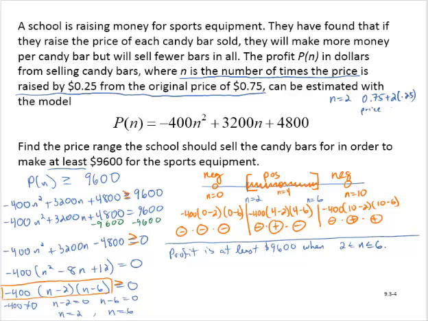That's 75 cents and 50 cents. That would be $1.25. If n equals 6, then we'd have the original price, 0.75, plus 6 times 0.25. So that's 75 cents and 6 times 0.25 is $1.50. 75 cents and $1.50 is a new price of $2.25.